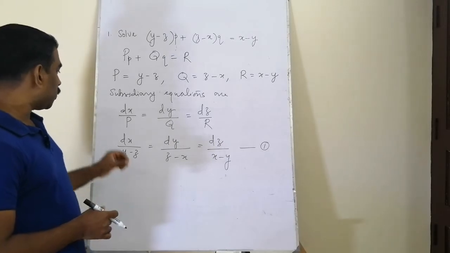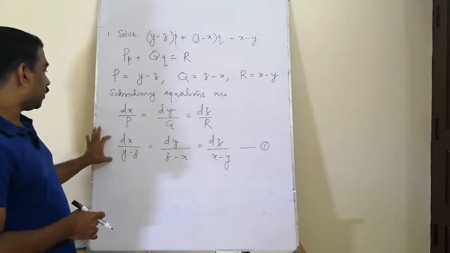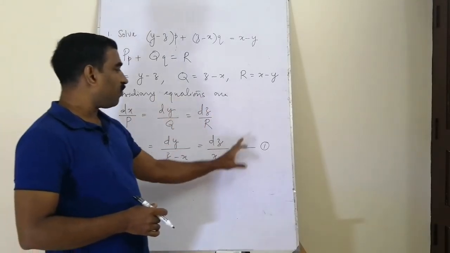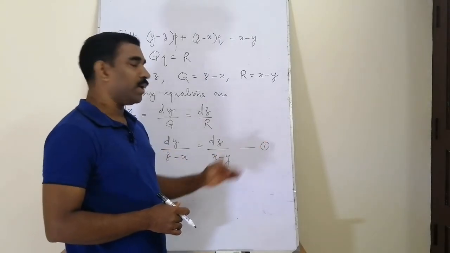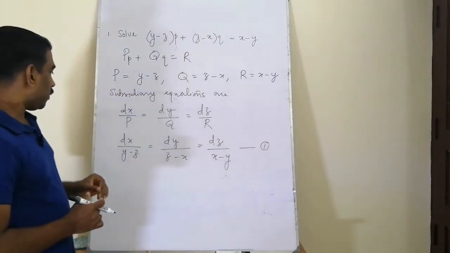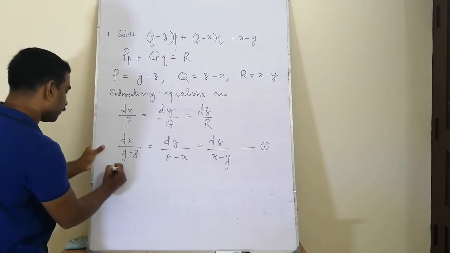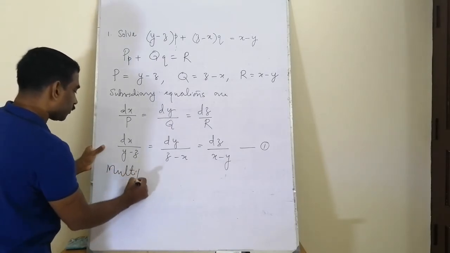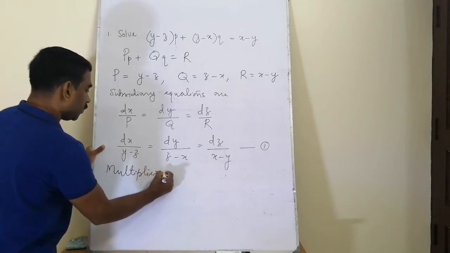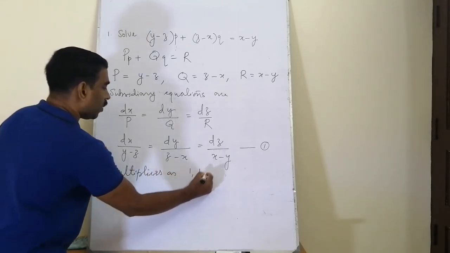Here we can choose proper multipliers so that we form a fourth ratio in which the denominator is 0. Here we can choose the multipliers as 1, 1, 1.